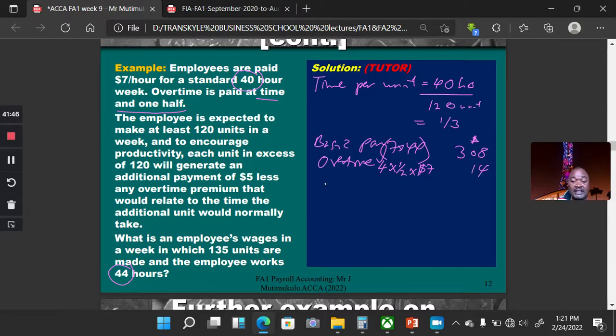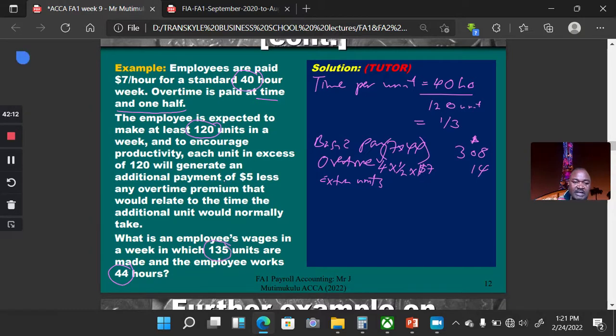And then we have to consider the extra units produced. How do we know these extra units? Normally the 40-hour week produces 120, but this particular week, in the 44 hours worked, we produced 135.